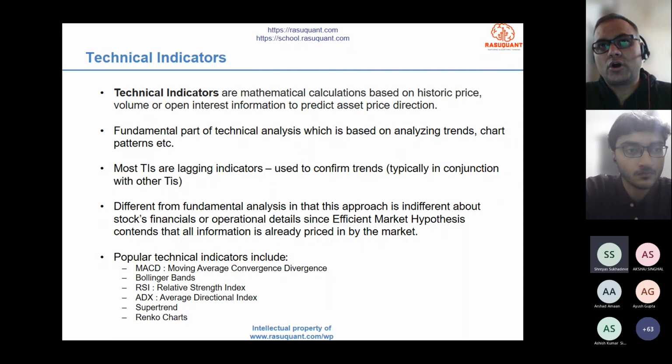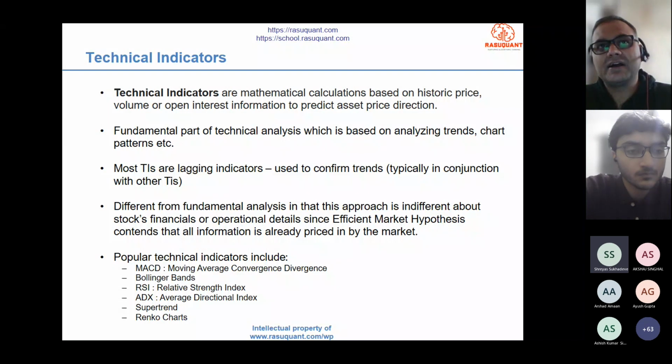And for this, you rely on the disclosures that firms make, typically after every quarter. So fundamental analysis is not typically used for algorithmic trading because the information comes once in 3 months. The whole point of algorithmic trading is that you trade frequently, or at least you keep scanning the market.